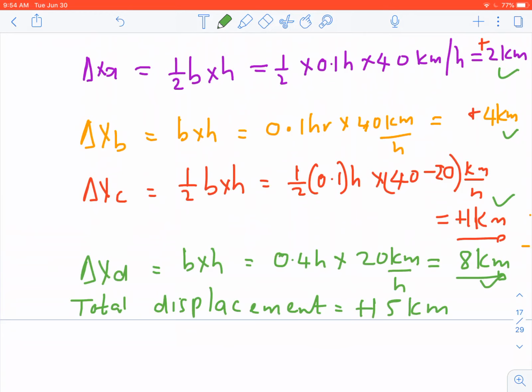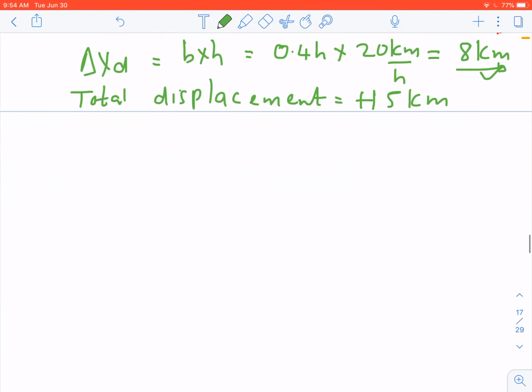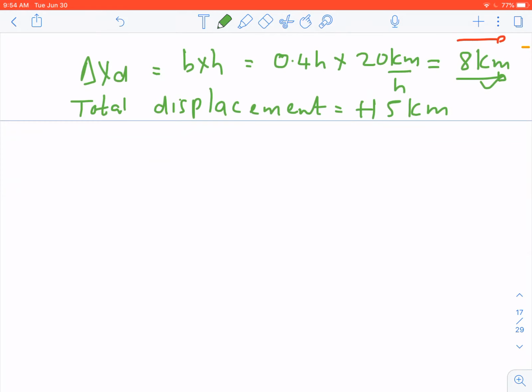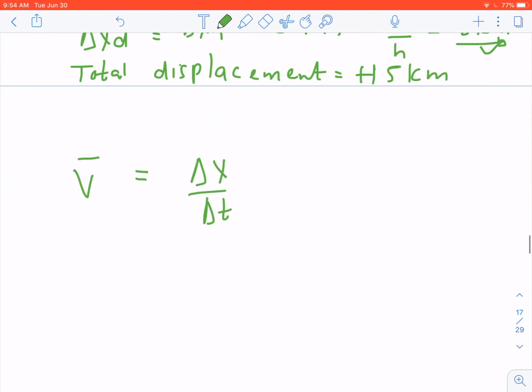That's our total displacement. But we want now the average velocity. So if we want the average velocity, V average is equal to change in x upon change in time. Change in x is equal to 15 kilometers.